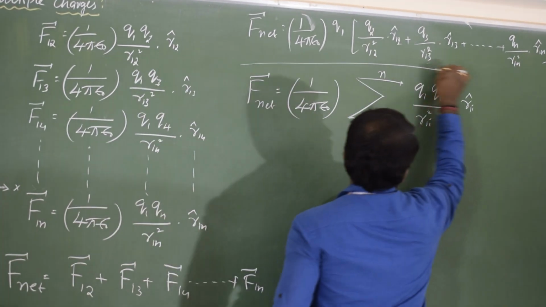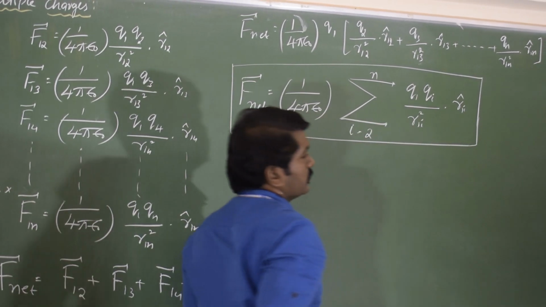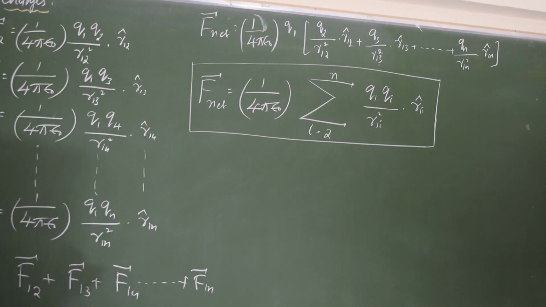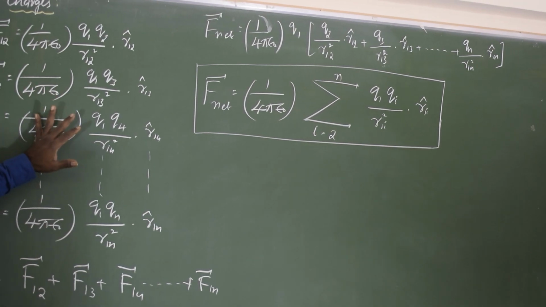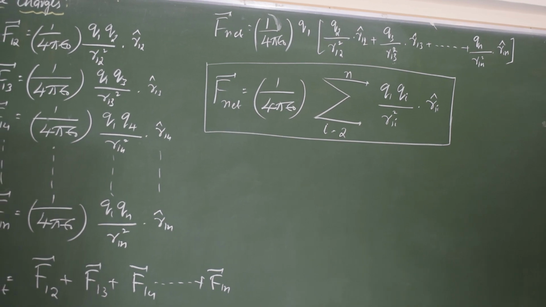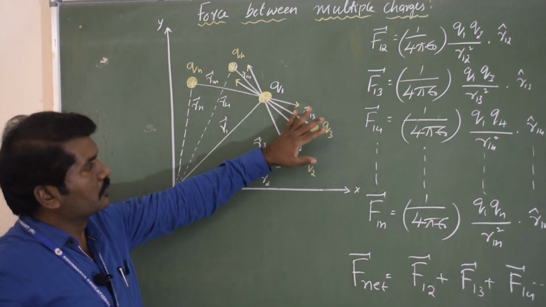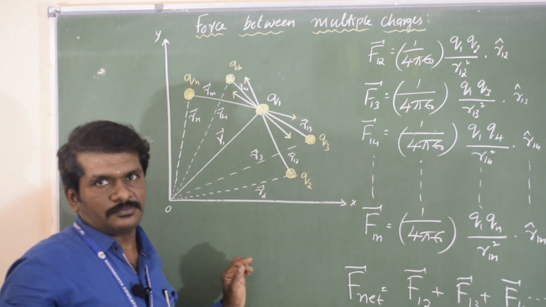So this is the net force acting on the charge Q1 due to different charges. So according to the superposition principle, again I'll repeat that, the net force acting on a charge Q1 is the vector sum of the forces due to different charges.